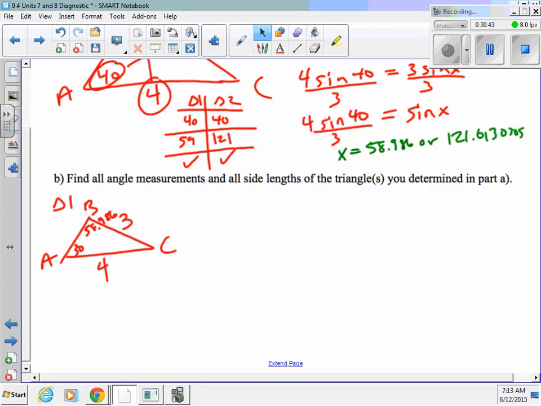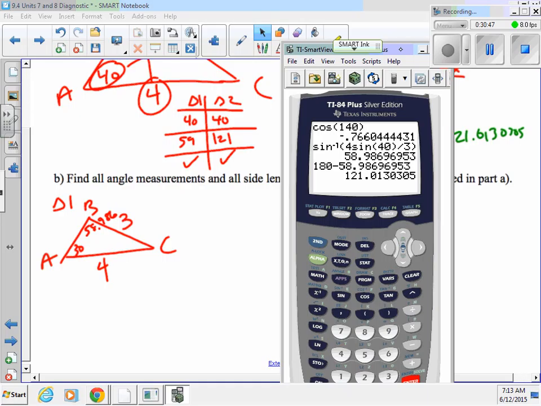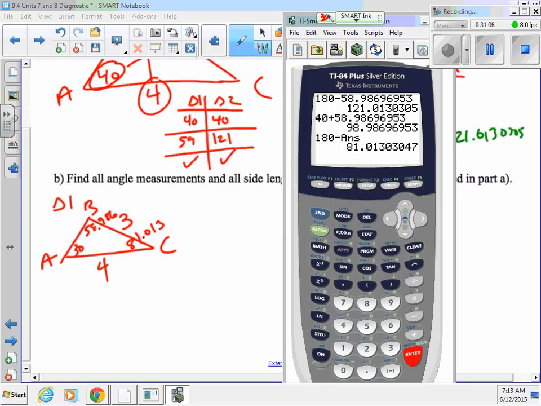From there, I can go back to my calculator and get the other angle. 40 plus the 58.9, enter, subtract from 180, 180 minus the answer, and I'll get 81.013. So those are my angles.